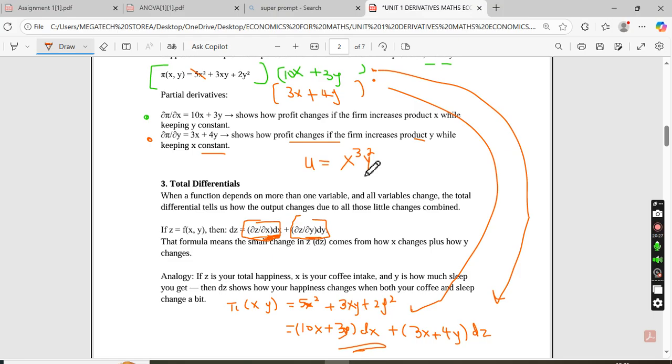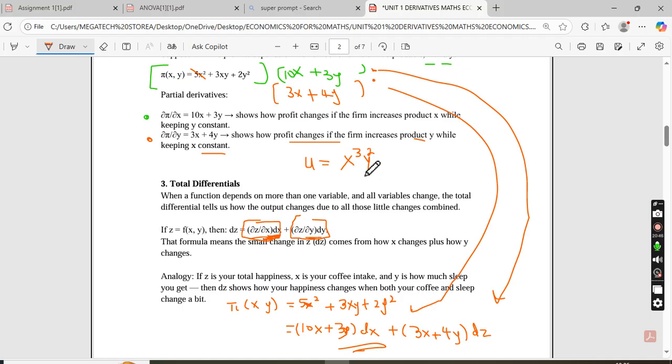For this question, sir, we're not getting the partial derivatives. We'll just use the ones that you worked out. So only getting the total derivative? No, you're getting the partial derivatives, then you're combining them at the end.